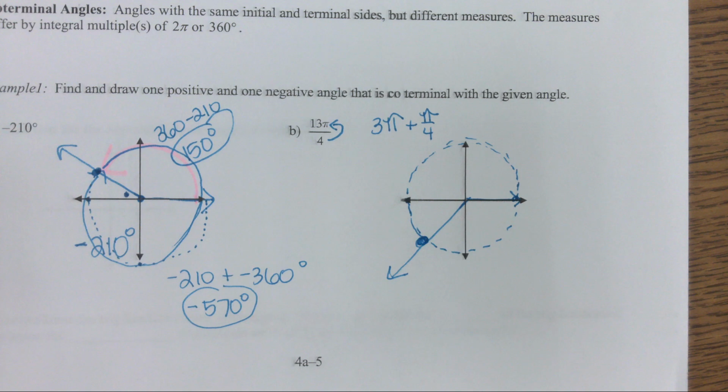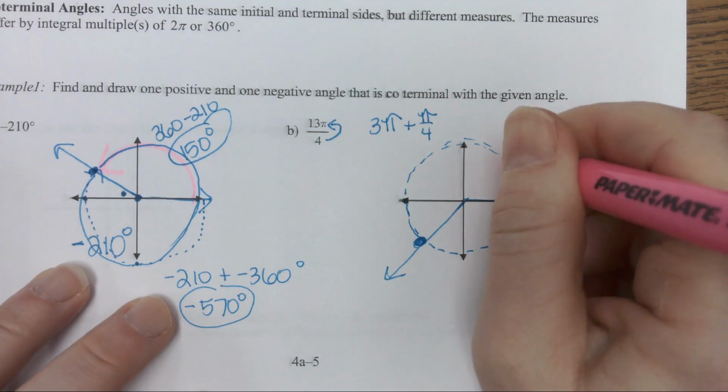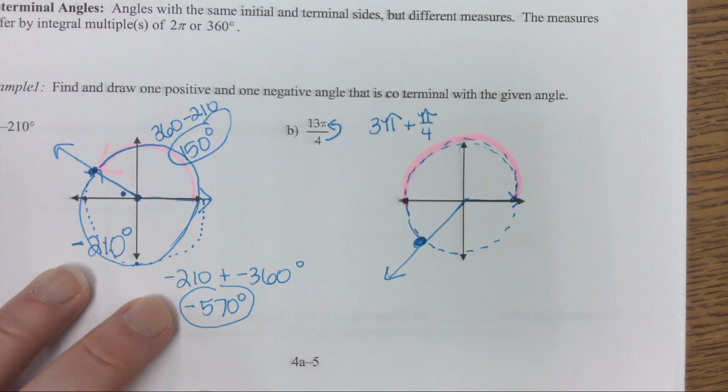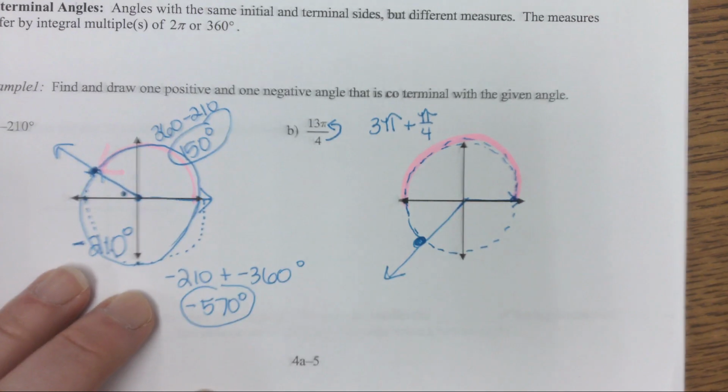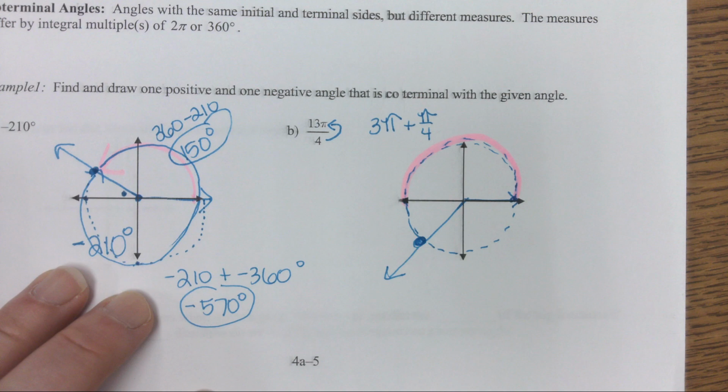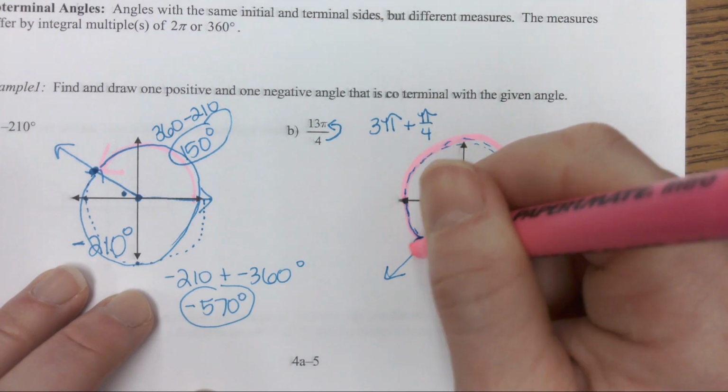Okay. Oh, this is going to be really easy. So we need a positive and a negative angle. I'm going to do the positive first. See, I just highlighted in pink. How far is that? Pi plus pi fourths.